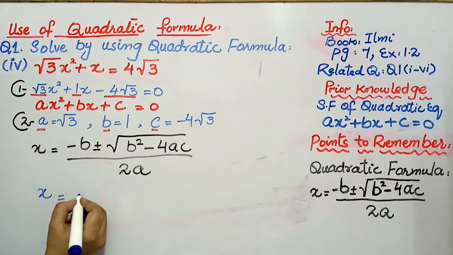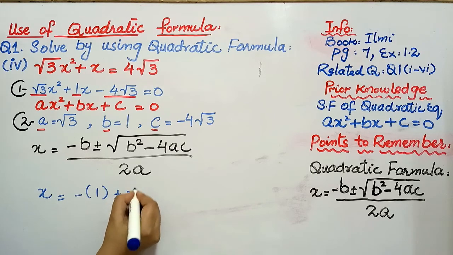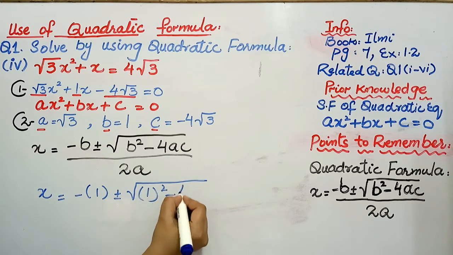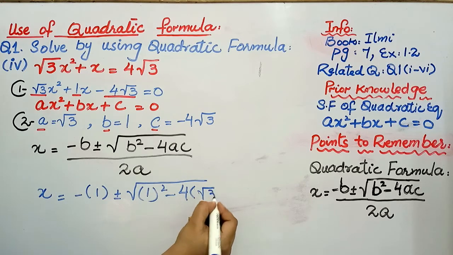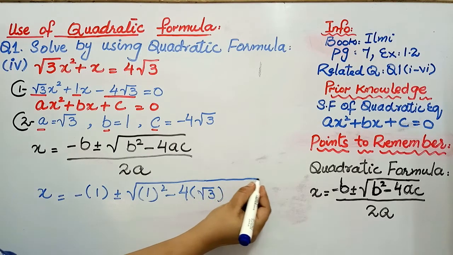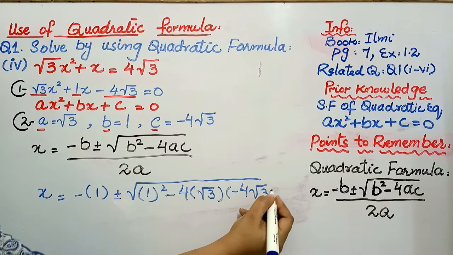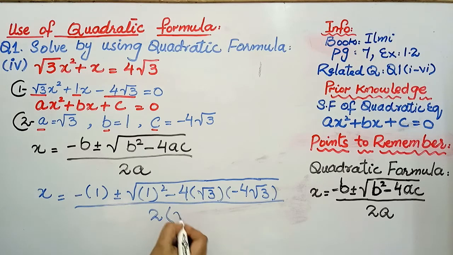That will be minus b, the value of b is 1, plus minus under root b square, meaning 1 square, minus 4 as it is, a is under root 3 and c is minus 4 under root 3, divided by 2 into a, and a is under root 3.